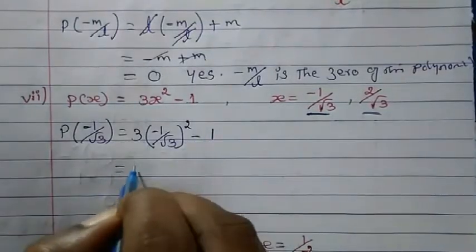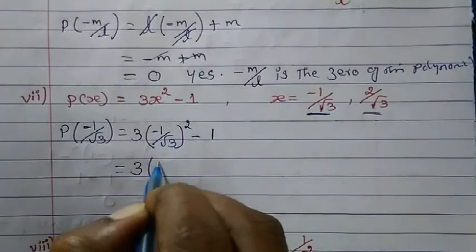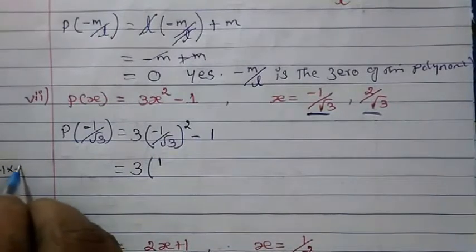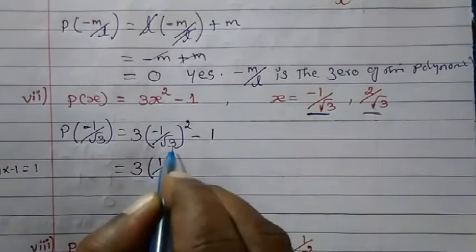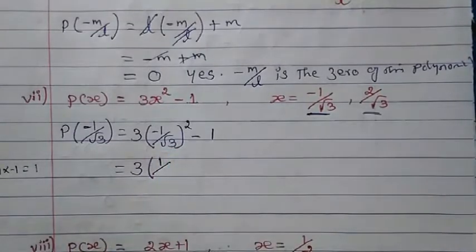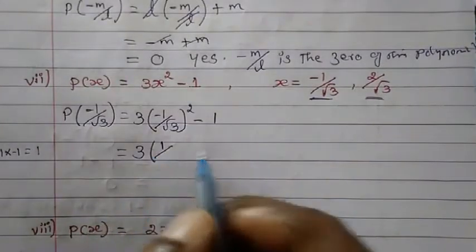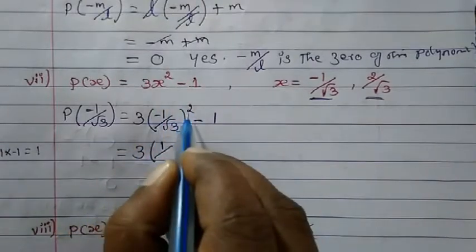3 times minus 1 whole square will be 1, because minus 1 into minus 1 will give us 1. So it will become 1. Now root 3 square. Instead of writing this, let me make one more step extra for you and write it separately.